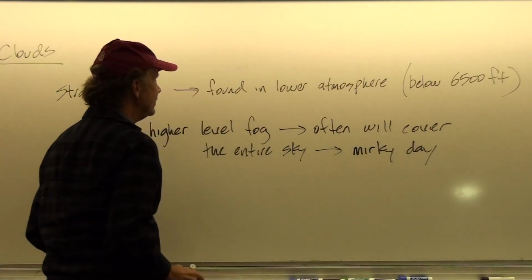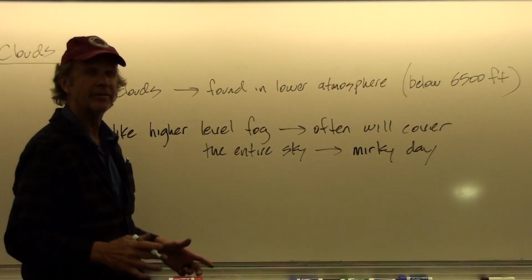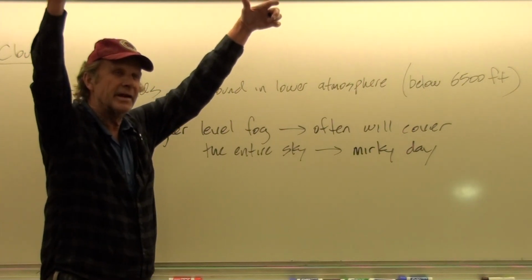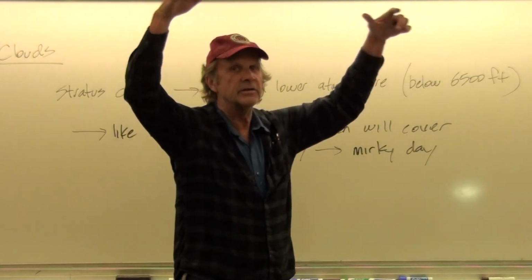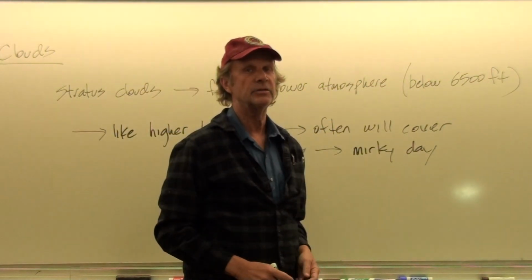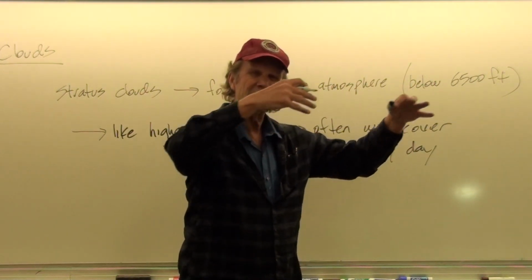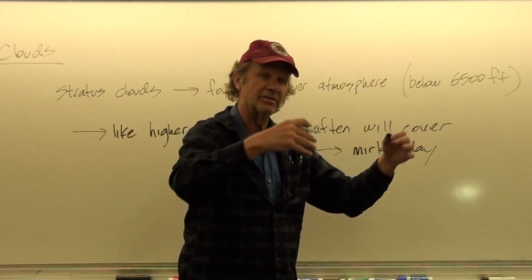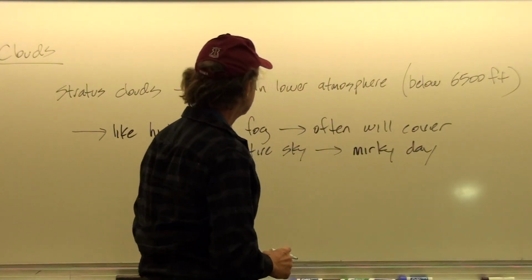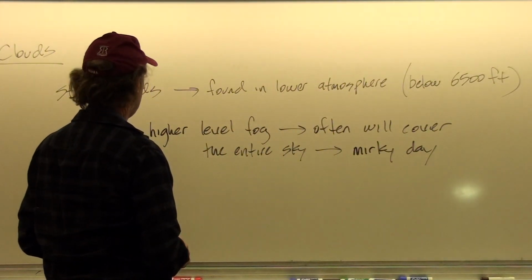You can sort of see through it, but sort of not. Kind of like fog, but a little bit higher up. So it's blocking a good portion of the sunlight that you would be seeing. But you can kind of see through it to a certain extent, to at least a little bit of a distance away.